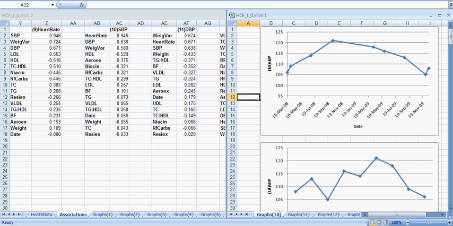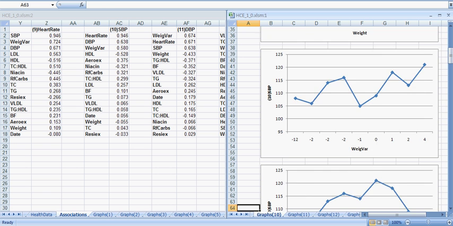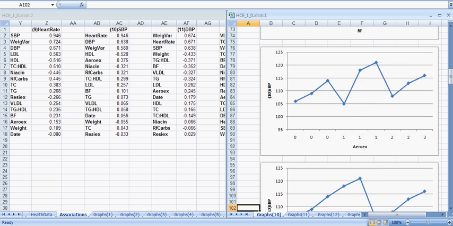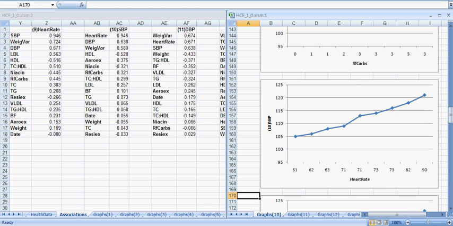So let's look at the graph relating systolic blood pressure to heart rates. Aha! Look at this. Systolic blood pressure seems to be strongly associated with heart rate. Heart rate goes up, systolic blood pressure goes up as well.